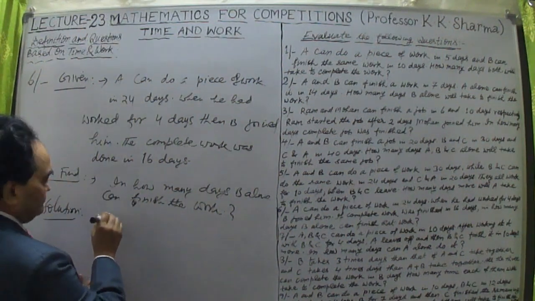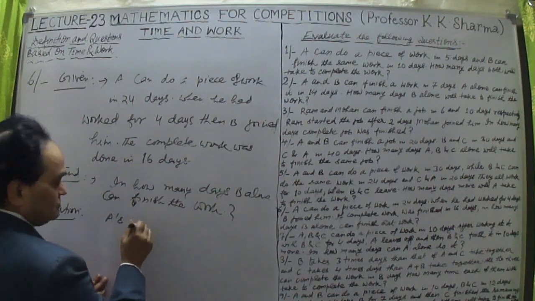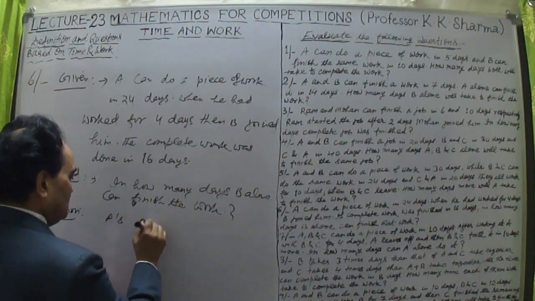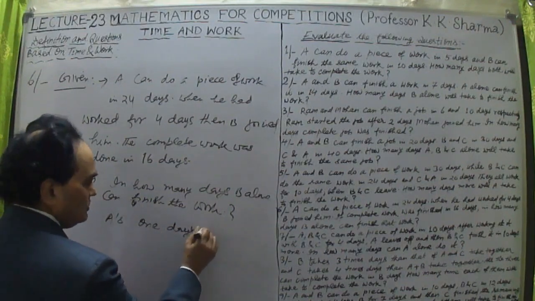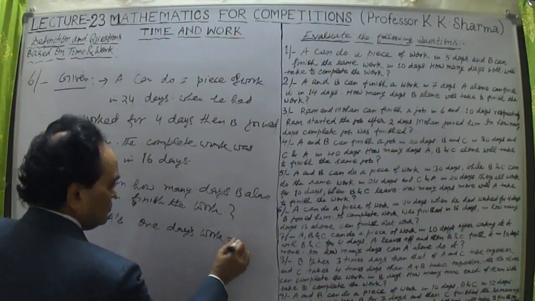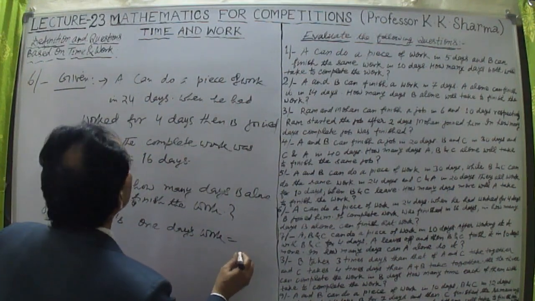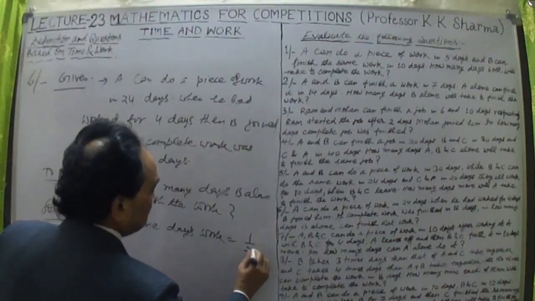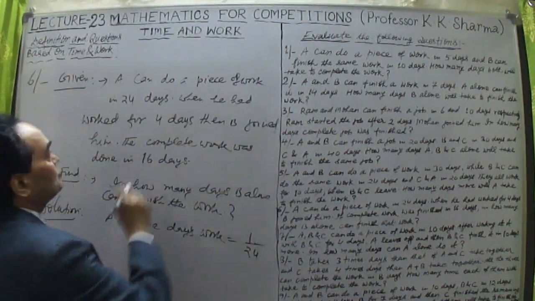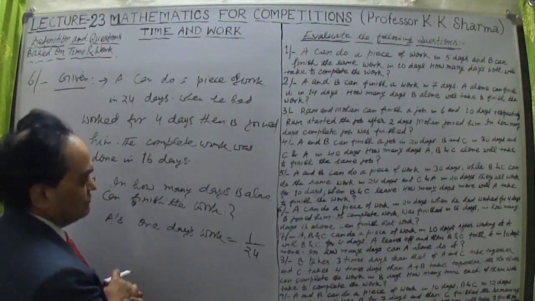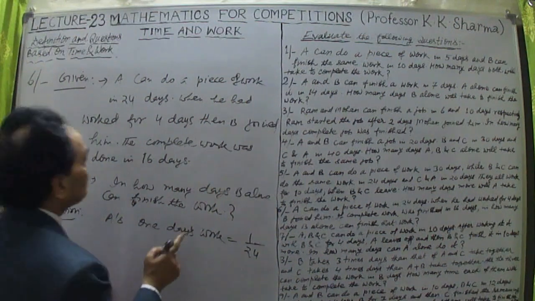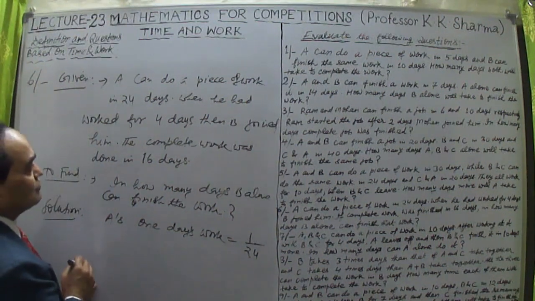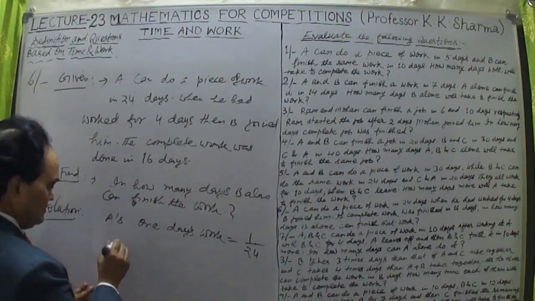So first, A's 1 day's work, or the rate of work of A, is 1/24, because A alone can do the work in 24 days. A can do a piece of work in 24 days, so 1/24 is the rate of work of A. Now he worked for 4 days alone.